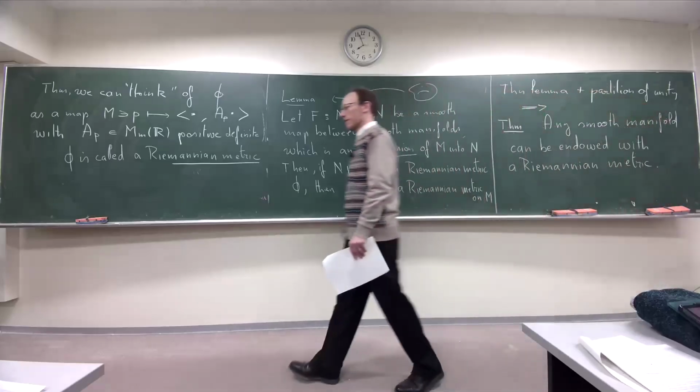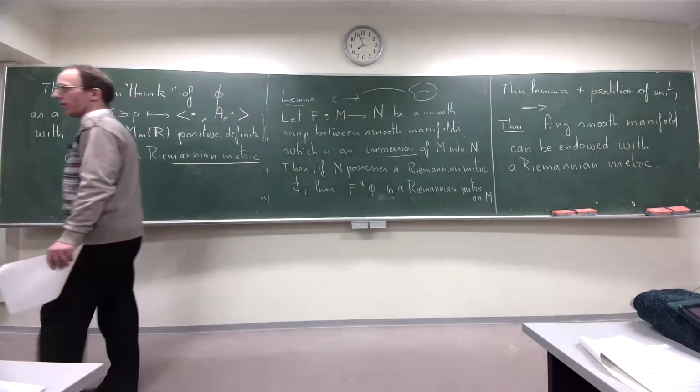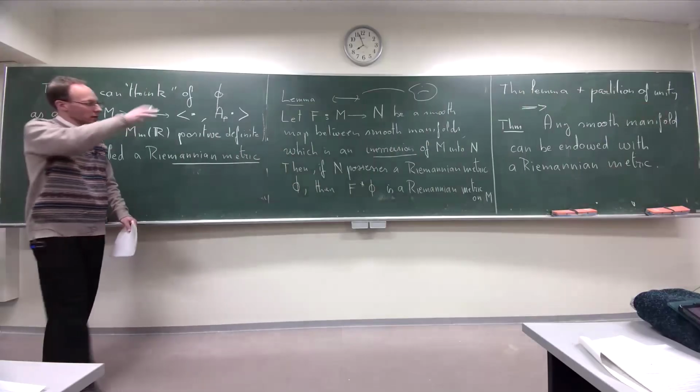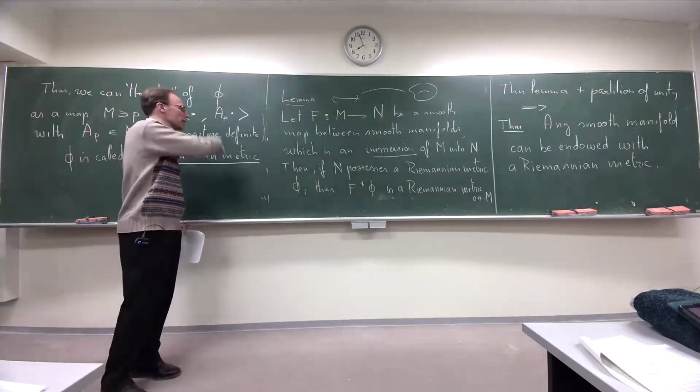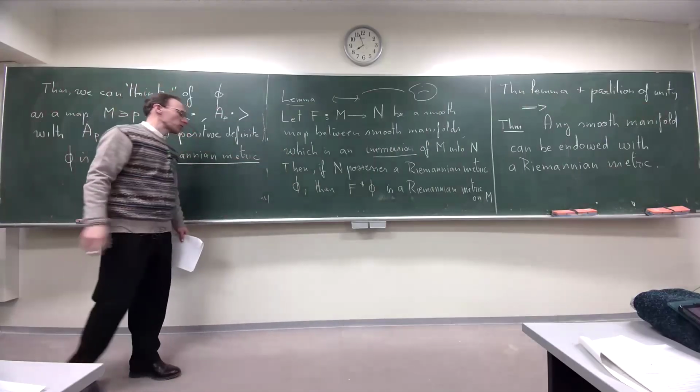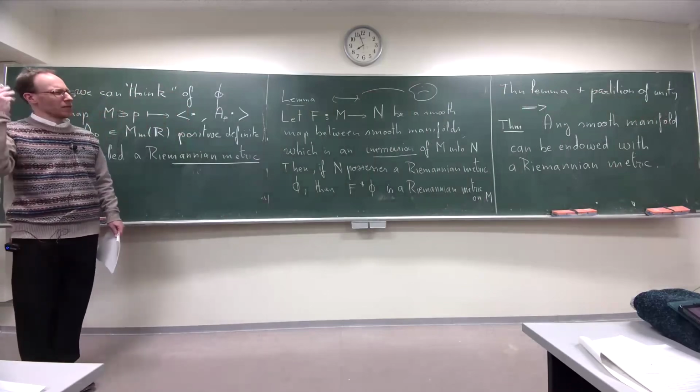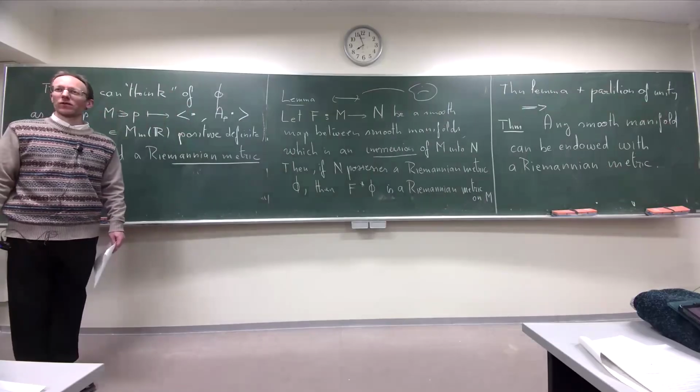So it means take any smooth manifold, you can always find one Riemannian metric, so one symmetric two-tensor field, which is positive definite.